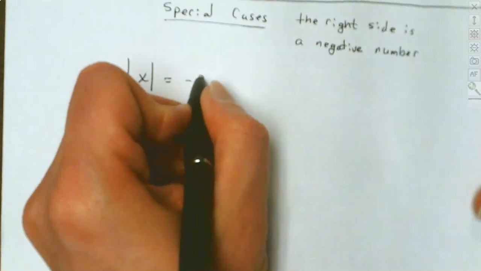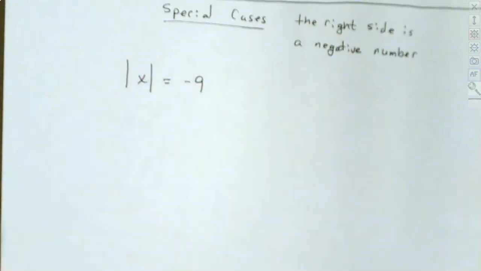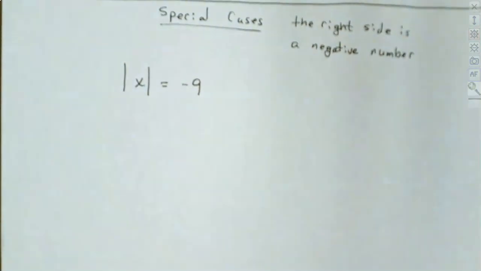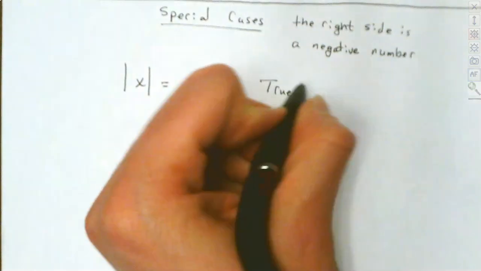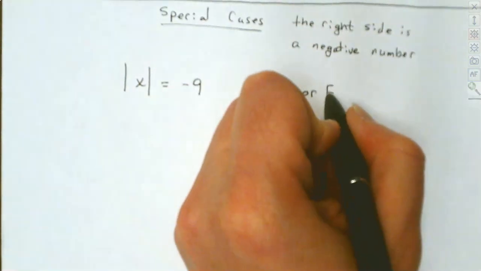Okay, so I want you to take a moment to think about this one. So that right side is going to be a negative number. Now, this is going to be a special case. And these special cases are either true or they are false.